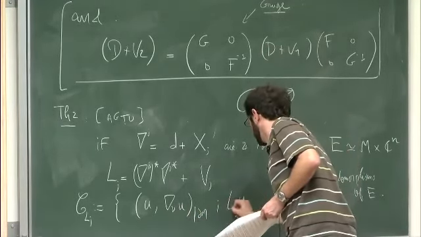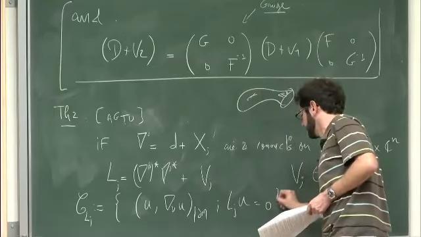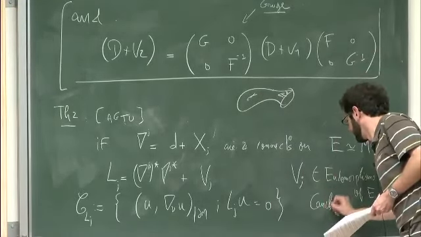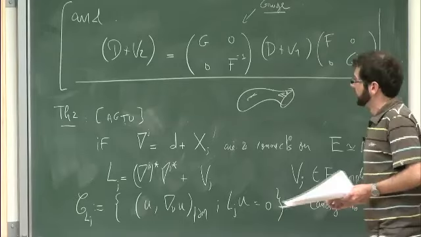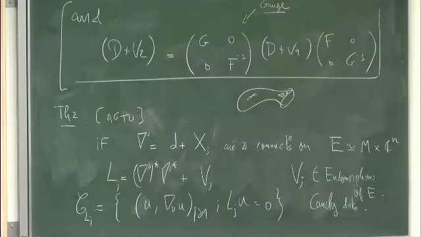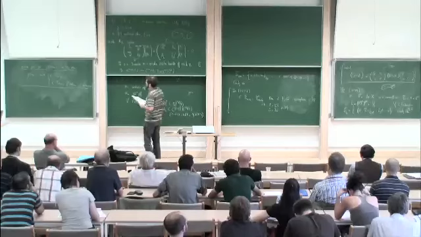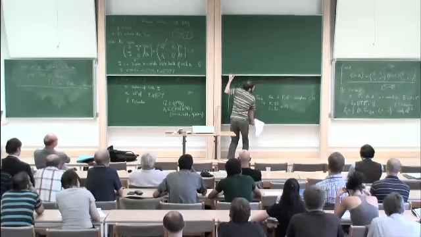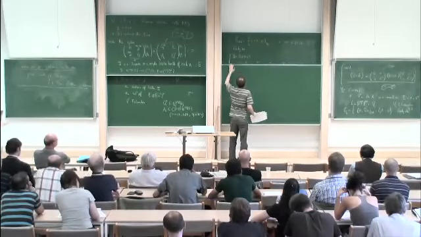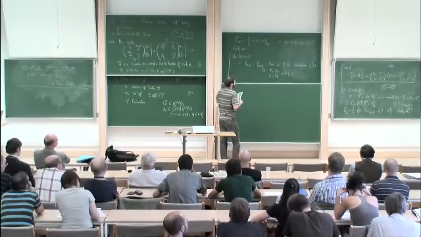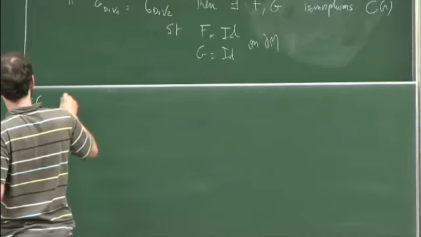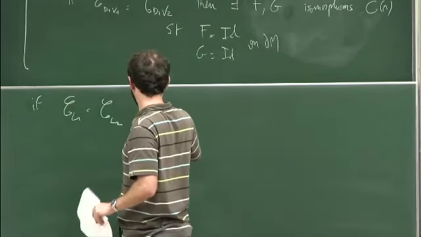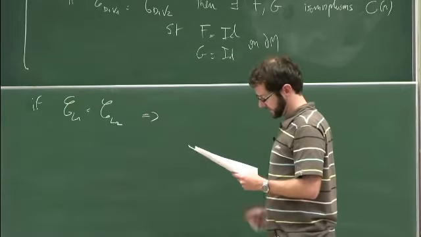And you assume that U is a solution of the equation. So this is the Cauchy data for this problem. If the Cauchy data agree, so if C of L1 equals C of L2, then we get the following.